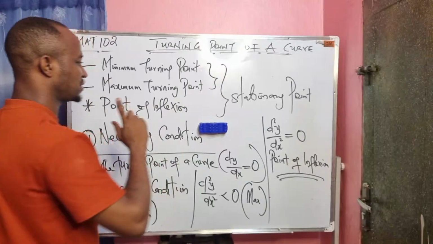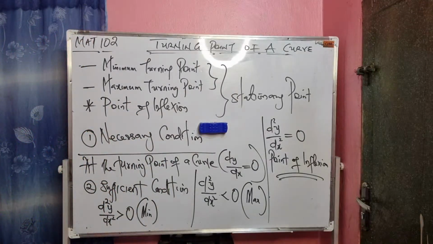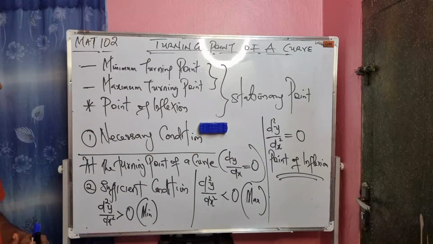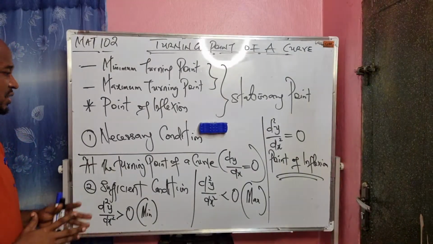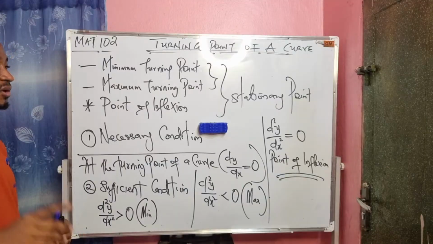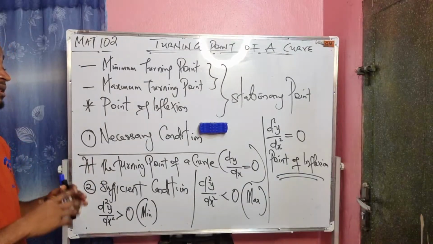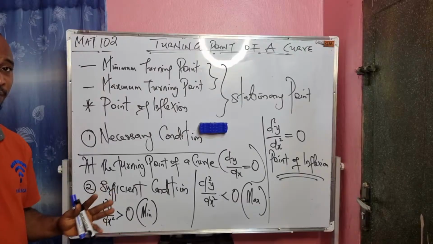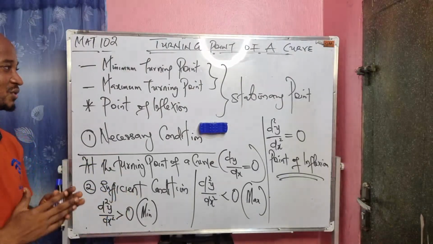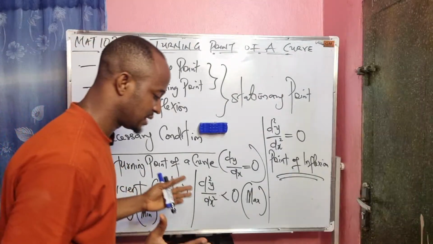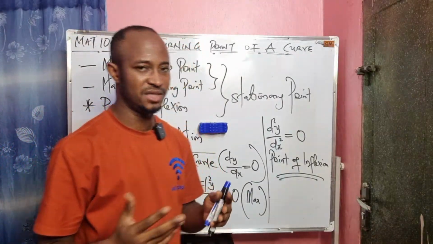Okay, now let's look at the procedures in determining the turning point of a curve. But I want us to take note that differentiation is not only used to find dy/dx. Some of us, all we know about differentiation is that it is used to find the derivative of a function.